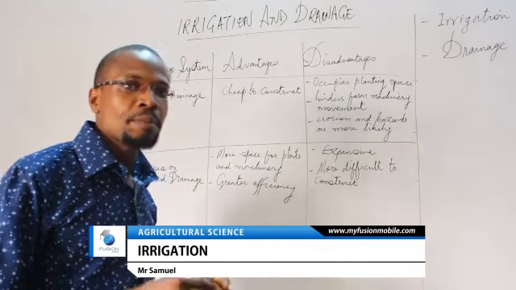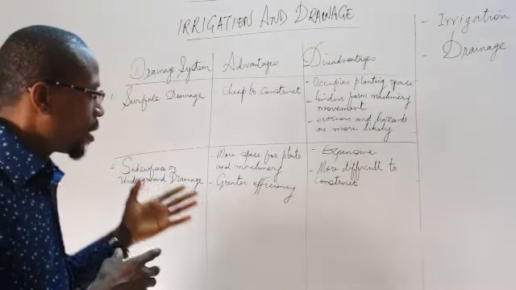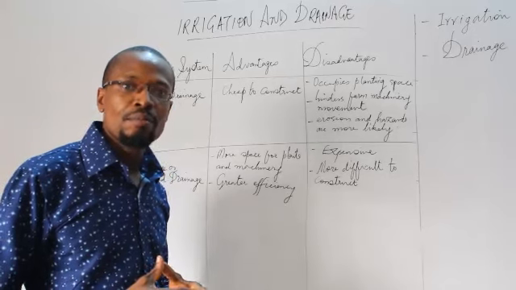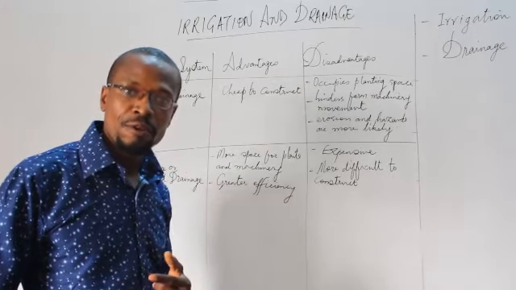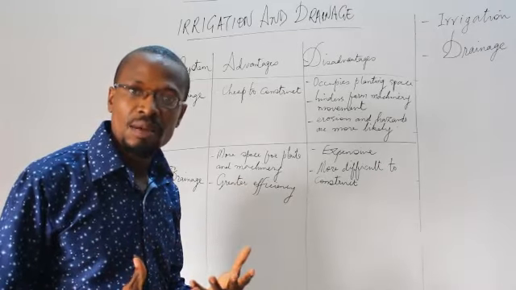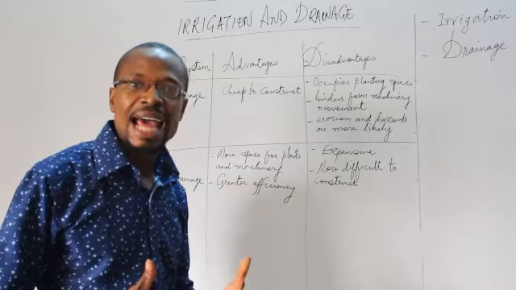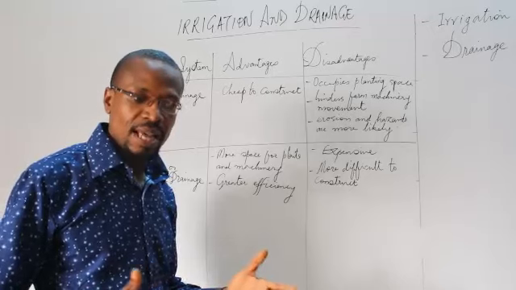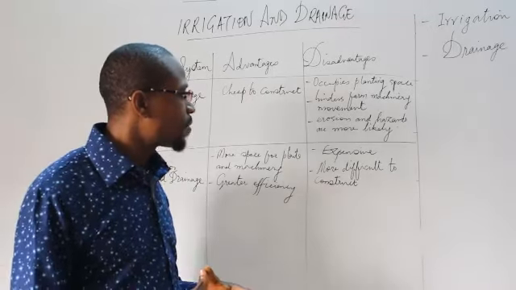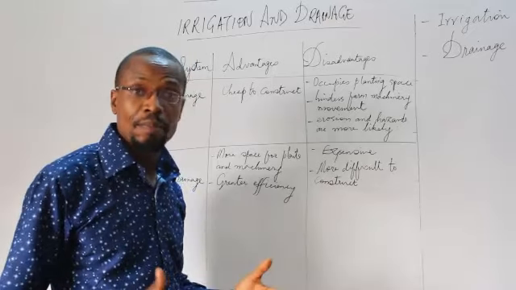So by practicing drainage, you make more space available for farming, you make the land more tillable, and of course you make it light. These are some of the facts about drainage.